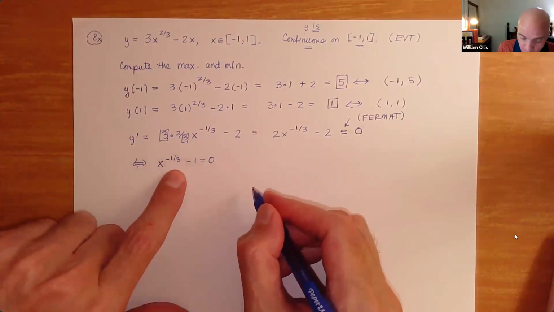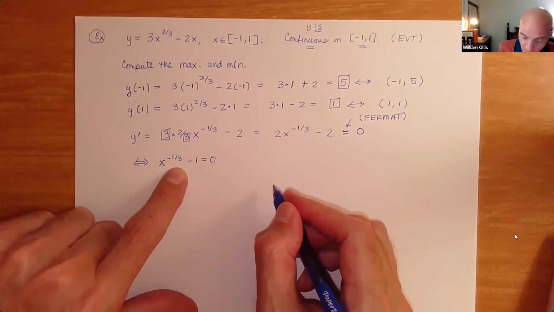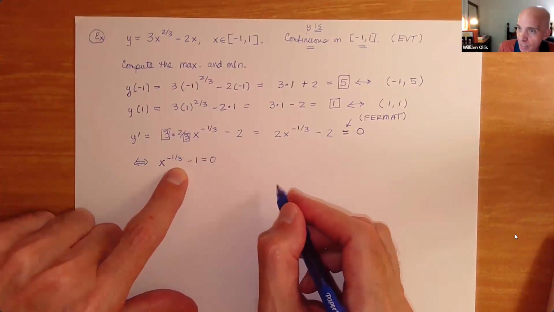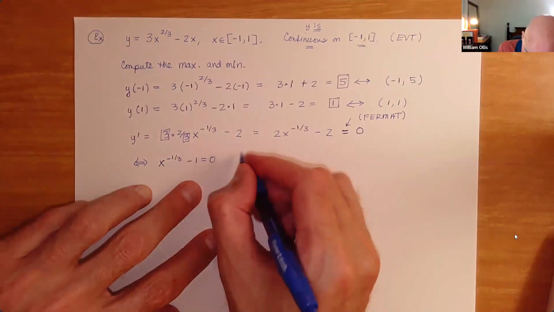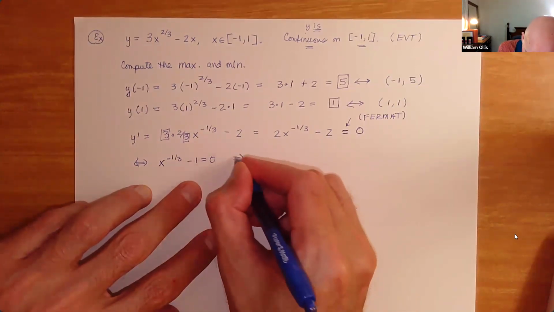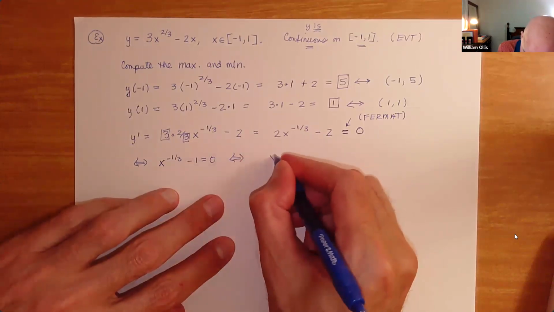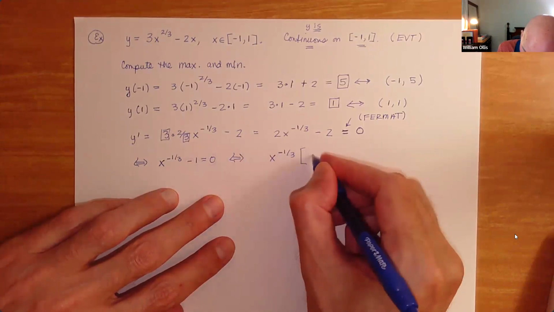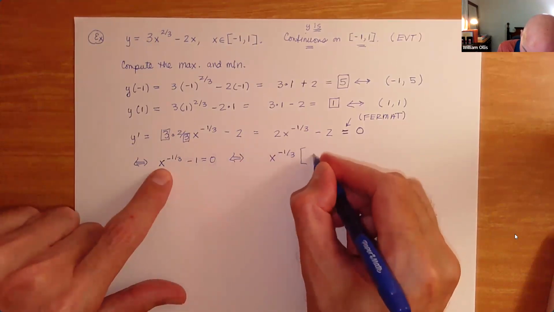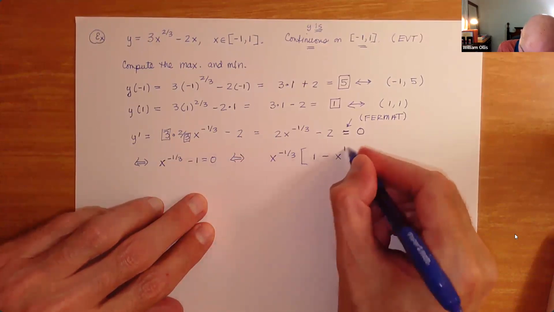Now, at this point, you can factor the negative x to the negative 1/3, or you can just write this as a fraction and then get a common denominator. It'd be your choice. So let's do this. If and only if, go ahead and factor x to the negative 1/3. So in this case, we're left with a 1. And then, of course, we have minus x to the 1/3.